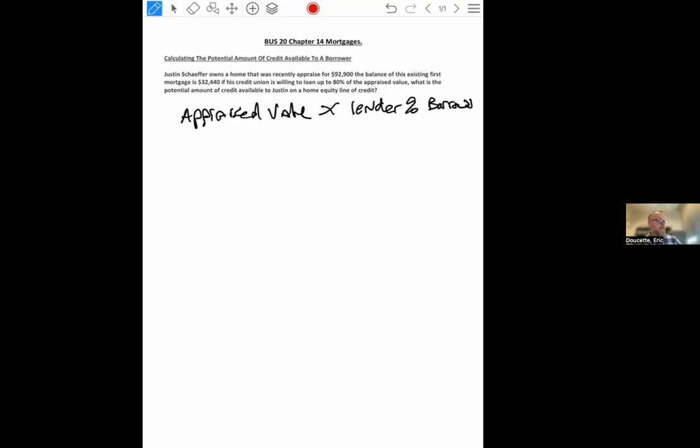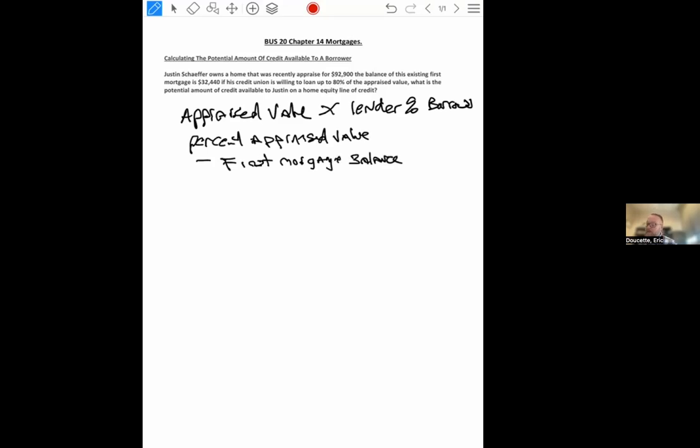That would come back to the percent that you could borrow, appraised value, minus the first mortgage balance. I'll explain both of these in a second.